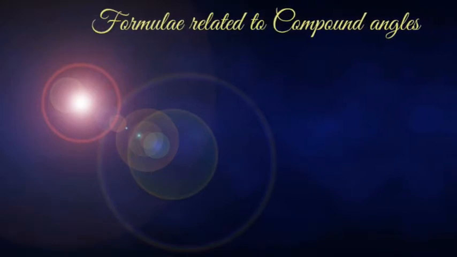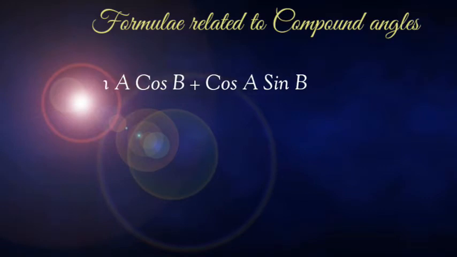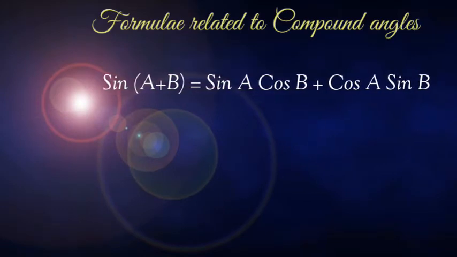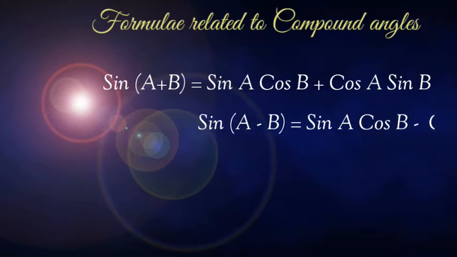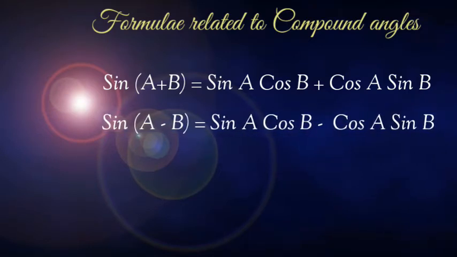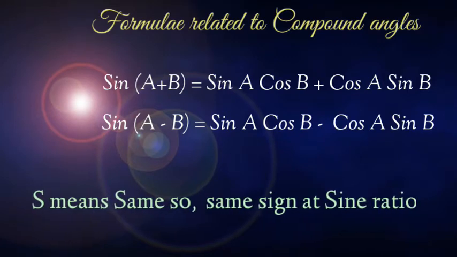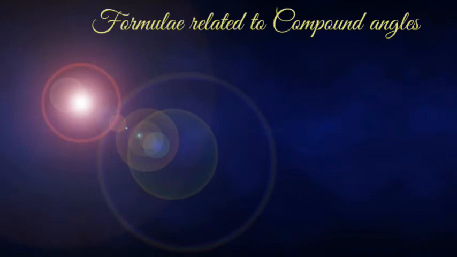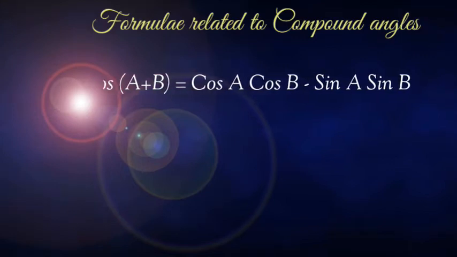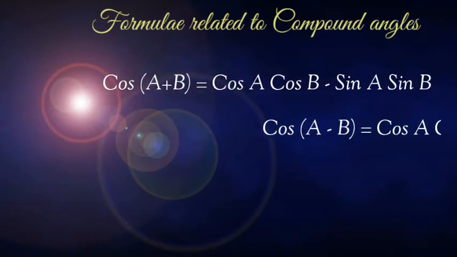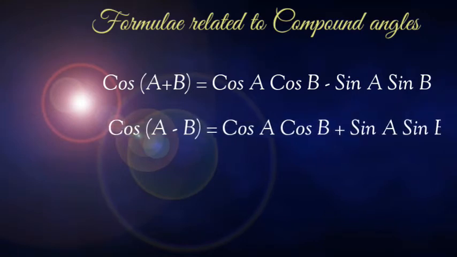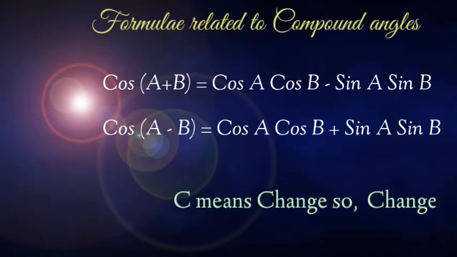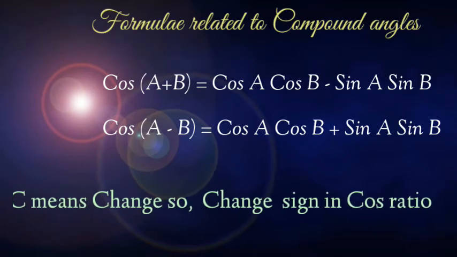It's a compound angle, compound angle. Sine bracket A plus B, sine A cos B plus cos A sine B. Sine bracket A minus B, sine A cos B minus cos A sine B. S means same, so same sign in sine ratio. Cos bracket A plus B is cos A cos B minus sin A sin B. Cos bracket A minus B is cos A cos B plus sin A sin B. Remember, C means change, change sign in cosine ratio.